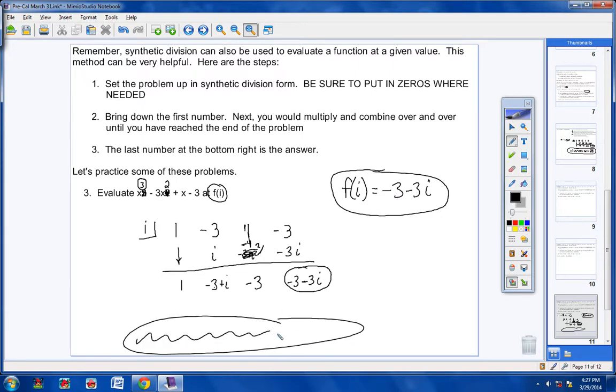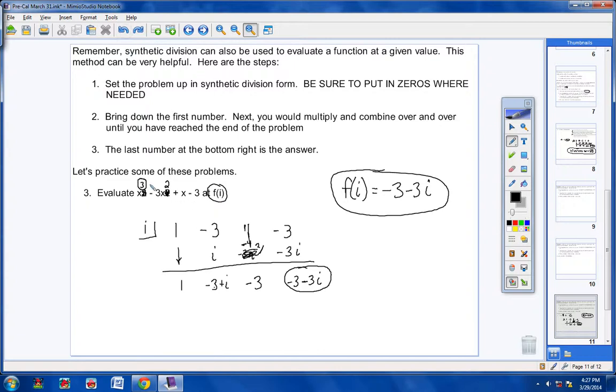That would have been the answer if we were using synthetic division for long division like we did earlier in the class period. But right now we're just evaluating this function at i, and so there's your answer. f of i equals negative 3 minus 3i. Okay, so that's it on synthetic division, using it for long division and also using it for evaluating a number.